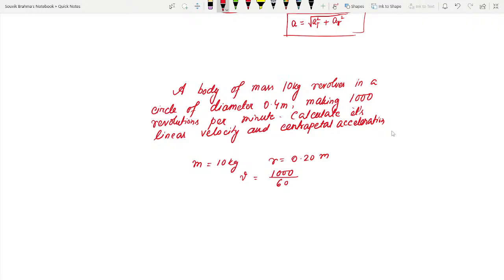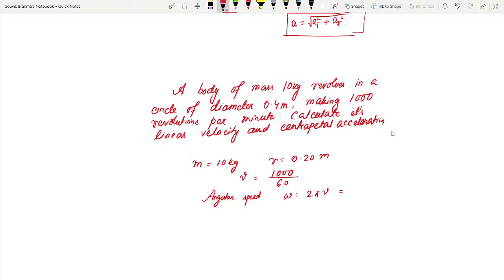Now angular speed omega is equal to 2 pi nu.